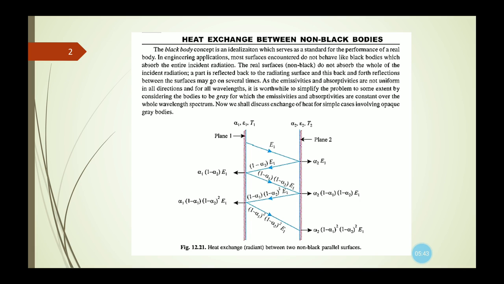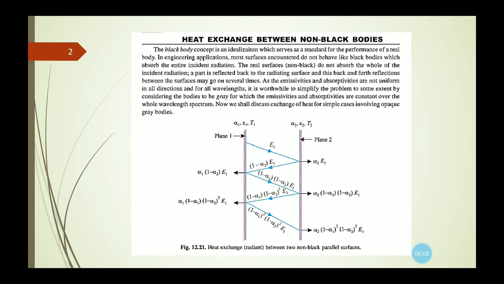In the earlier diagram, we can see that surface or plane 1 emits radiant energy, the total emissive power E1, which strikes surface or plane 2. In plane 2, a part of the total radiant energy, that is alpha 2 E1, is absorbed by surface 2.